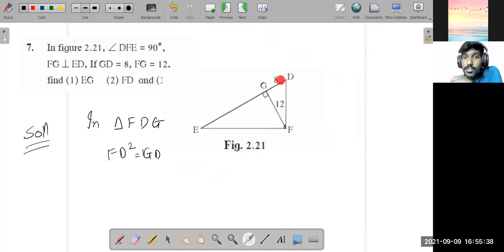I'm telling you to look at the smaller triangle. Pay attention to the sum. How can you just do it without carefully reading and looking at the question? Okay.